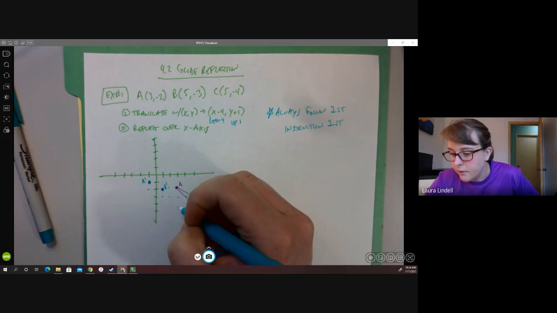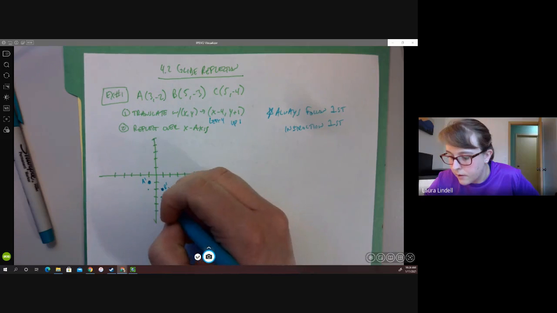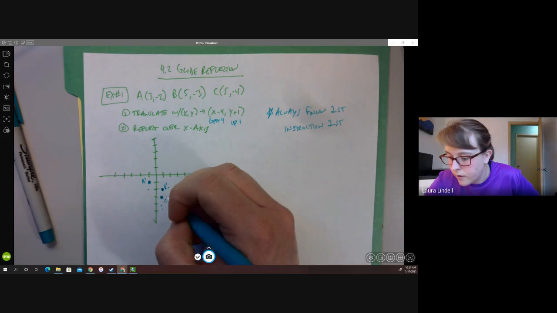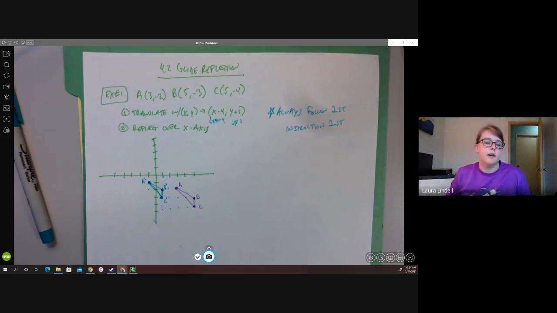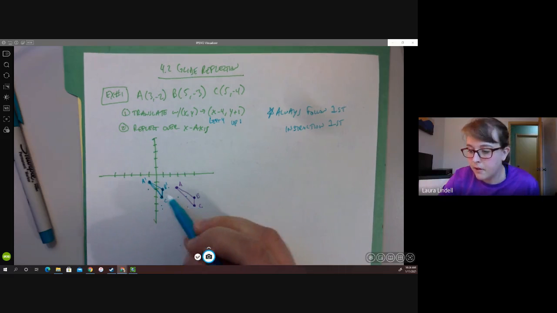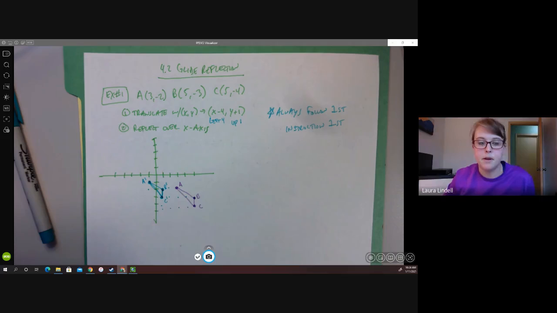Left 1, 2, 3, 4, up 1. So there's C prime. Connect the dots there. So again, if you were using graphing software or if your graph looks better than mine, your shapes probably look a little bit more similar to one another. This one looks kind of bigger than this one, but it shouldn't. Anyway, that's our first instruction.